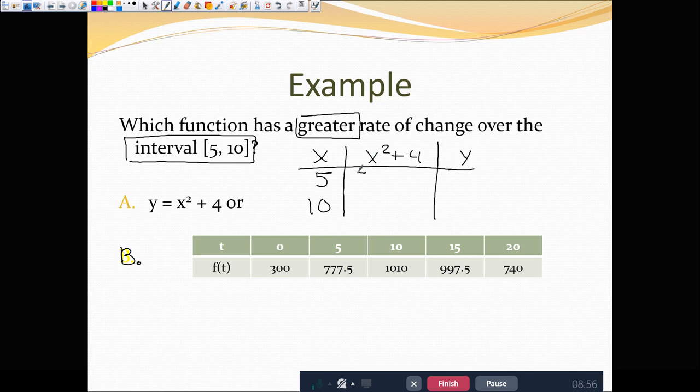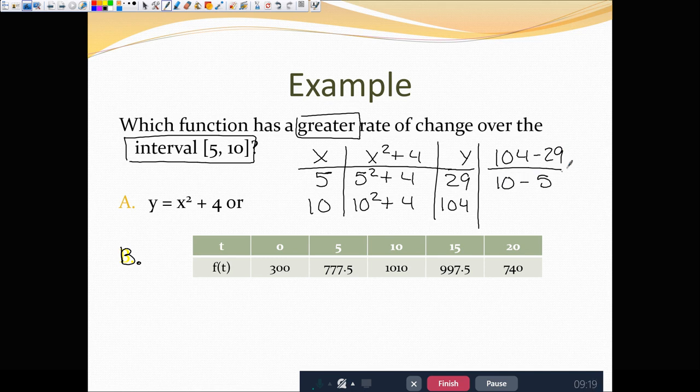So I'm going to do 5 squared plus 4, which would be 29, and 10 squared plus 4, which would be 104. Now I can find my slope by doing my change in y. So 104 minus 29 over 10 minus 5, which will be 75 over 5, which my m then would be 15. Okay, so that's my m for that one.